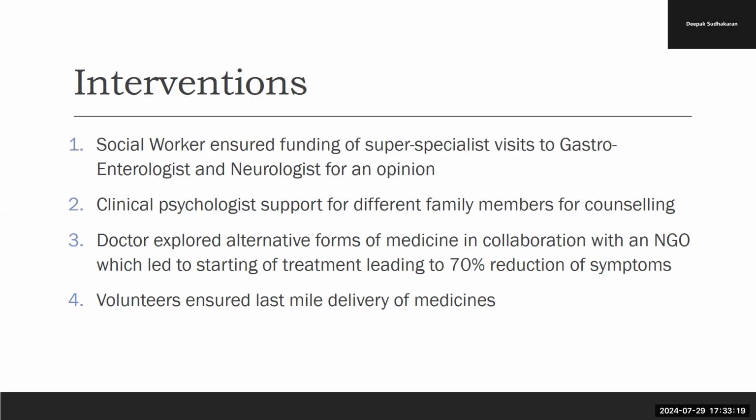Of course, it is not a 100% solution yet, but she's in a 3-month phase of therapy right now, and she's entering the 3rd month. And we are hopeful that with the adjustment of dosages, she may become much better than this 70%. Next slide.